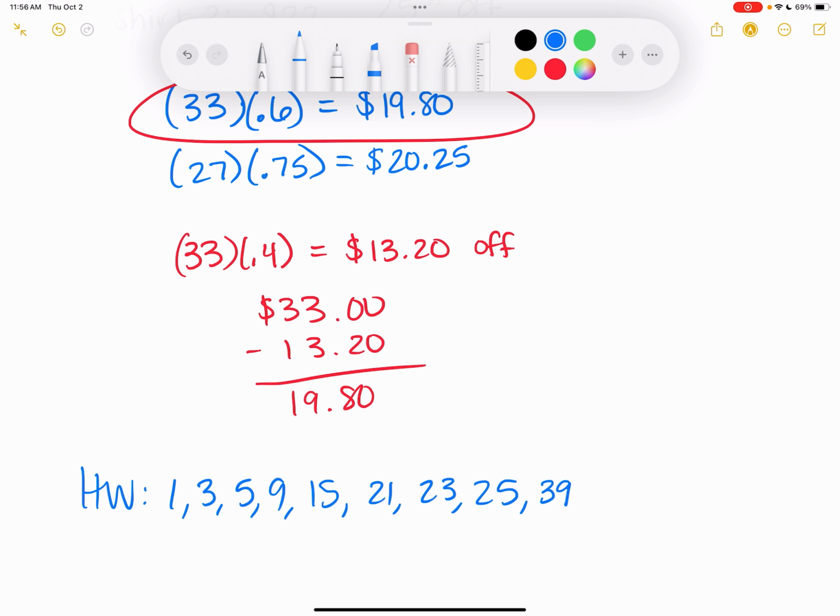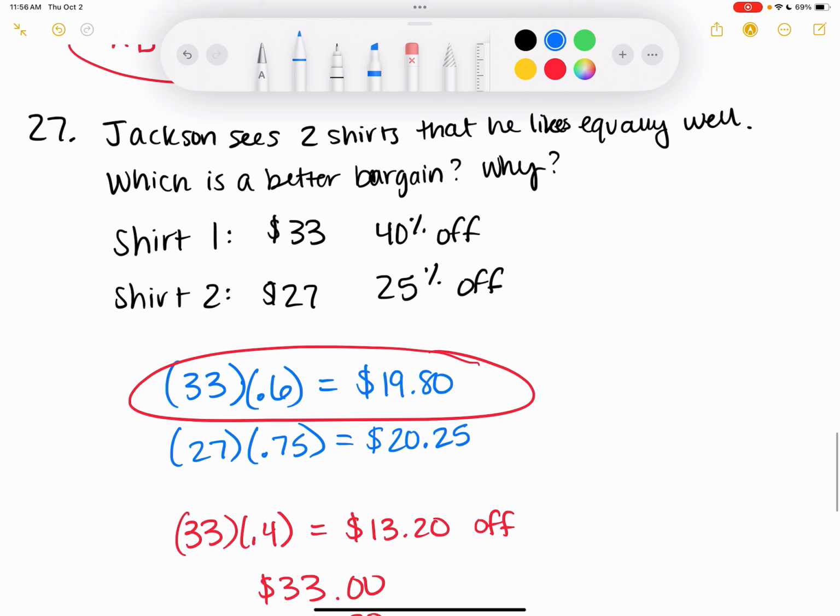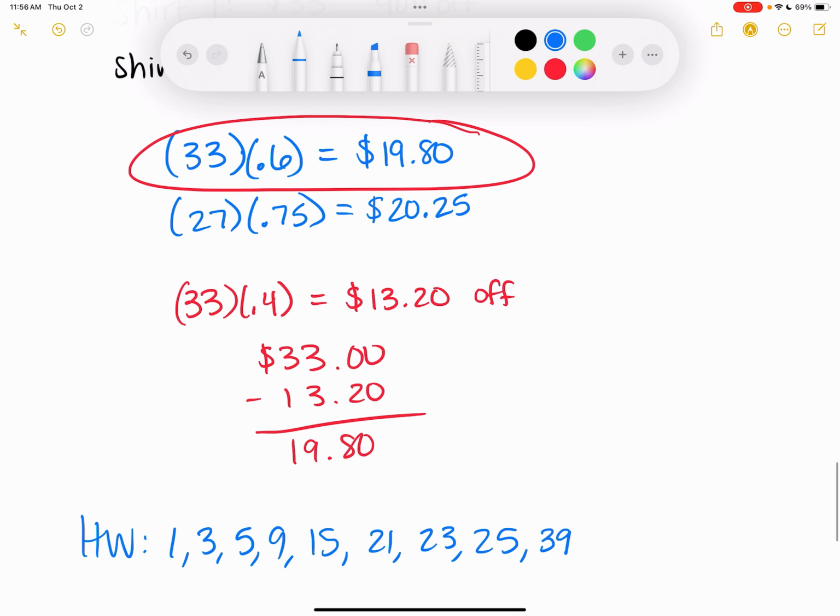Like on the shirt one, you could have just put the $33 40%. You could have just done that part of it basically. But yeah, that's fine. So this is due tomorrow, right?